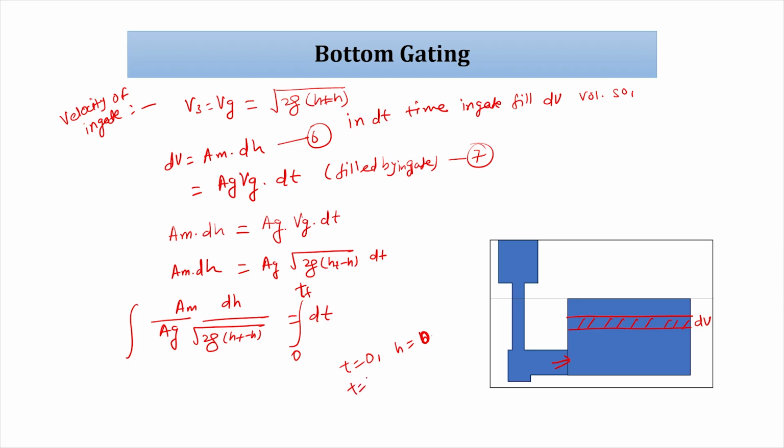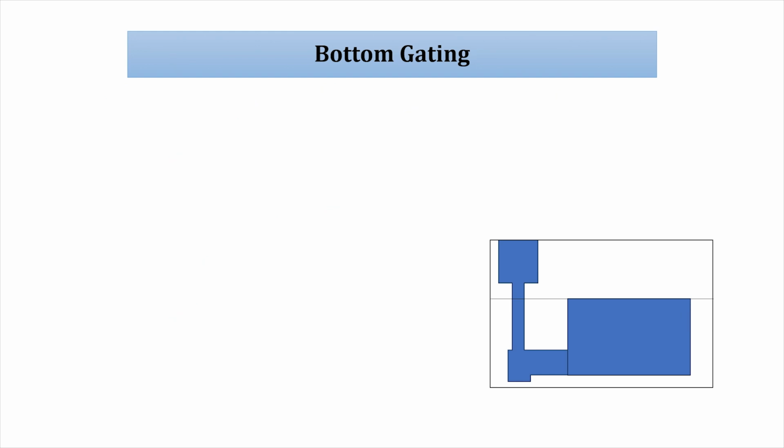At t equal to Tf, h will be the static head Hm. So, the right hand side will be Tf minus 0, equal to Tf equal to Am by Ag, 1 by root 2g, integral 0 to Hm of dH over root under Ht minus H. We have to integrate.